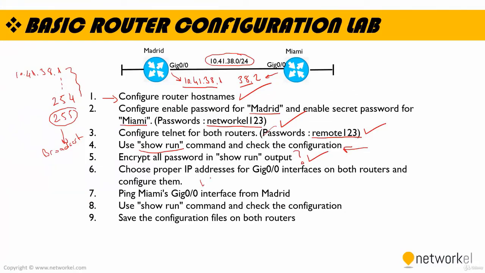That's okay too. And what does this guy want from me again? This guy wants so many things. Ping Miami's interface from Madrid. I will go to Madrid and I will issue a ping command to ping here.